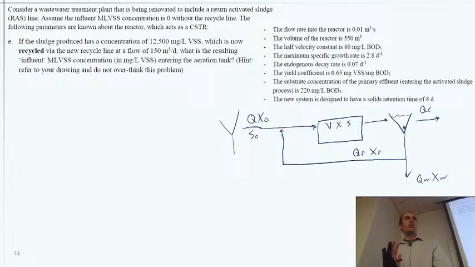When I say don't overthink it, you could have solved this problem without any knowledge of the class. Or maybe the first time we ever talked about any mass balances. The key is to focus in on exactly what the question is asking, and you realize all you have to do is look at what's happening here and find whatever this x in is, recognizing you have a Q plus Qr right here.